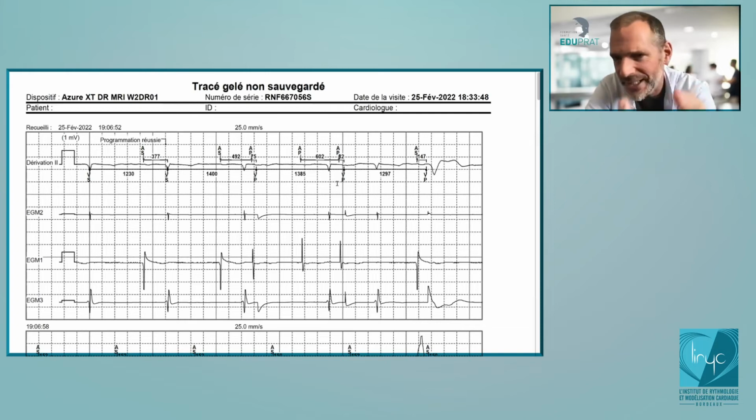If you interrogate a device, you will not see any EGM of switching from AAI to DDD in Medtronic devices since they are not recorded, but you can go to the log, I will show you where, and then you can see the number of switches from AAI to DDD.